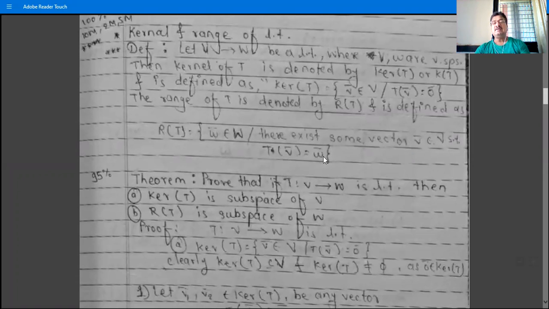That is, v bar is the pre-image of this w bar, and the elements of W which are images of some element of V belong to R(T).